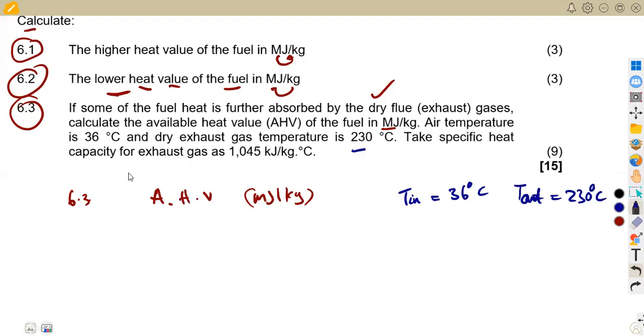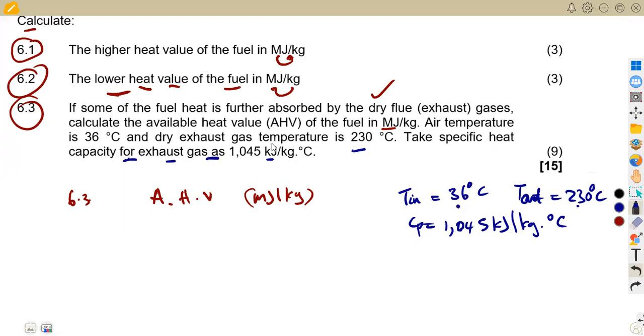Take the specific heat capacity for exhaust as we are given the specific heat capacity, which is 1,045 kilojoule per kg degrees Celsius, meaning it's taken per temperature in degrees Celsius. All right.